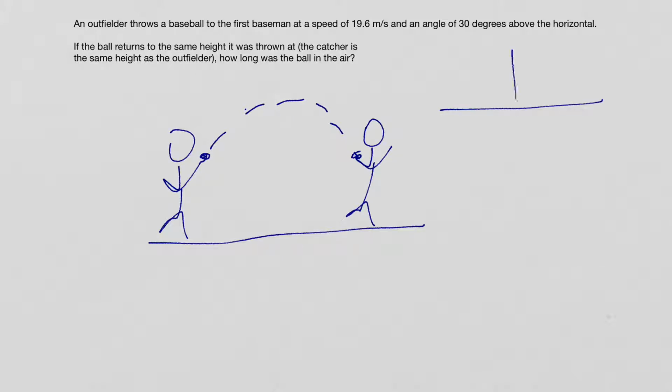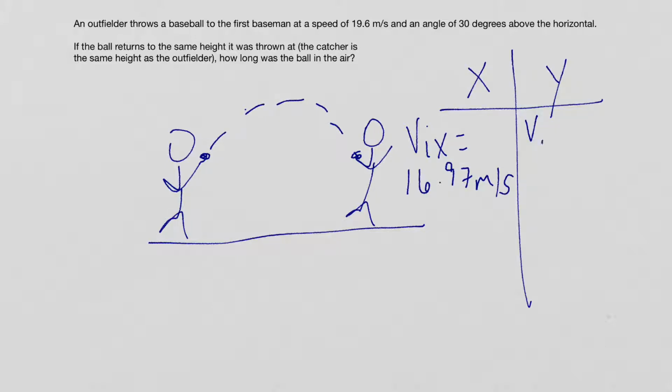So this is when we need to break things up into x and y components. We already found the VI in the x direction, and we said that it is 16.97 meters per second, and the initial velocity in the y direction is 9.8 meters per second. And now this sounds a little bit tricky because we've been working with the d equals VIT plus 1/2 AT squared equation.